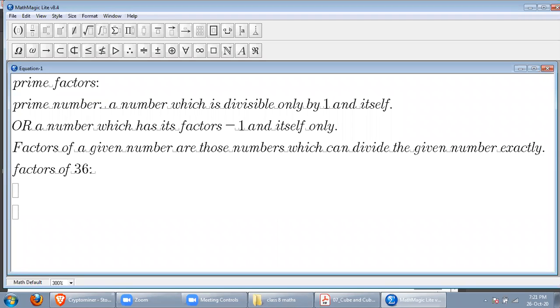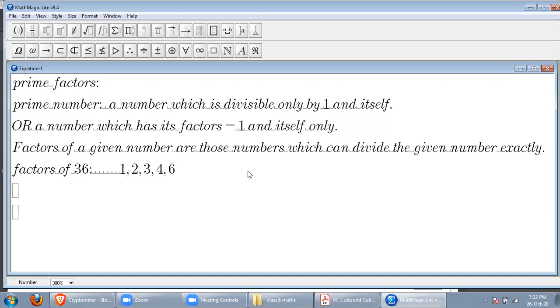You start from the smallest one. 1, 2, 3, 4, 6, 9, 12, 18, 36. Correct?